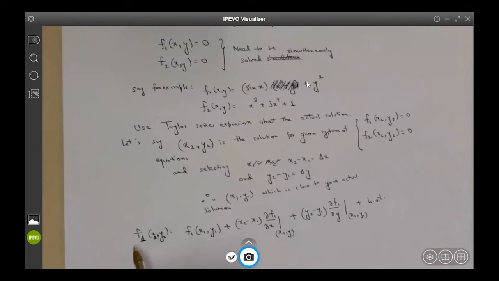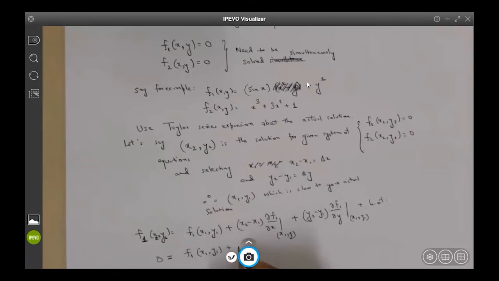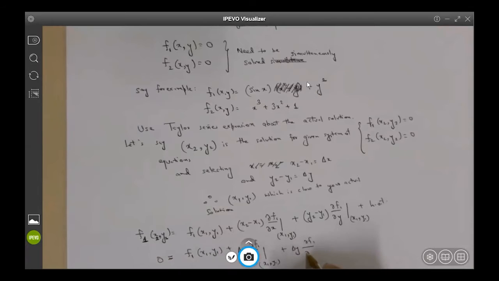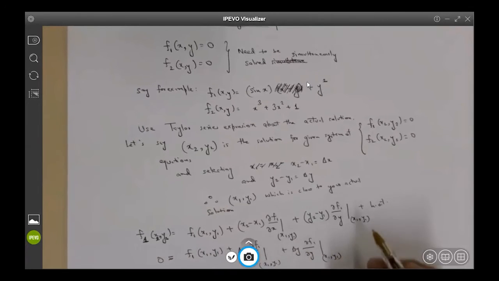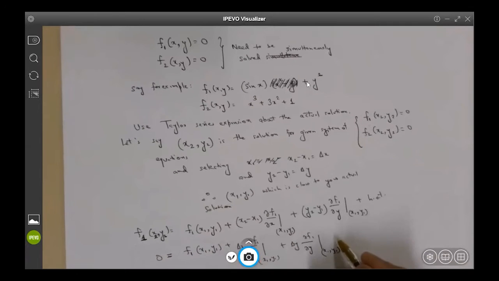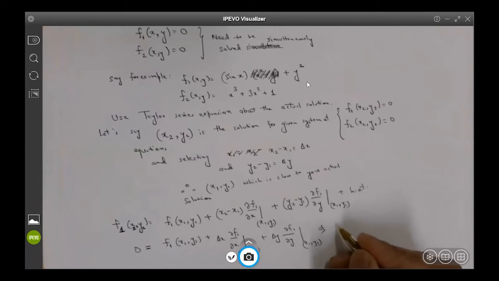And since f1 at x2, y2 is going to be 0 because x2, y2 is the actual solution, that means this term is 0, and I have here f1 at x1, y1 plus delta x times del f1 by del x at x1, y1, plus delta y times del f1 by del y at x1, y1. I am neglecting all the higher order terms.